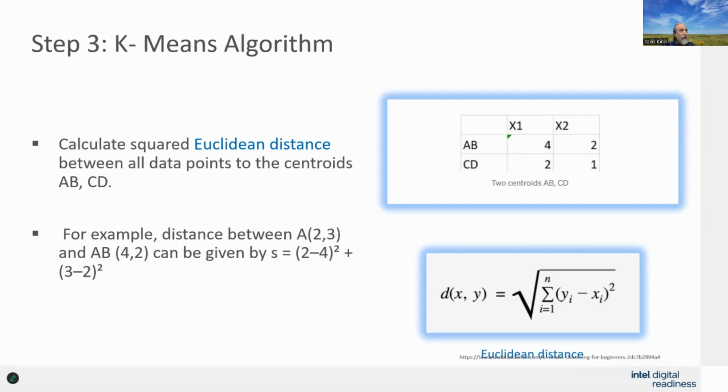Then we apply the distance formula. And once again, don't freak out at the look of the mathematical equations here. What this basically says, if you remember the distance formula, it's A squared plus B squared equals C squared. And then if you want to solve for C, it's the square root of A squared plus B squared, right? And the distance in between them.